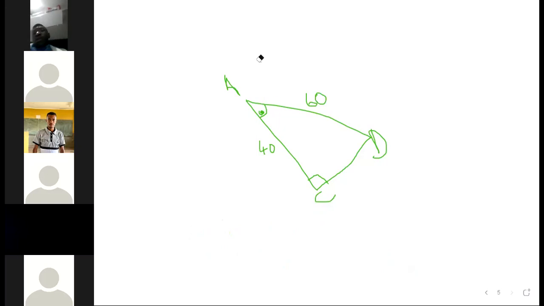Okay, so the first thing I'm going to do is look at the diagram first. I have 60 and 40. 60 is which side to A?